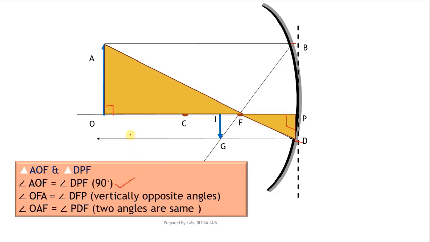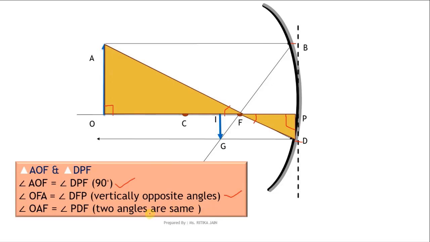Second, I will take the angles OFA and DFP. These two angles are equal because they are vertically opposite angles. Clear? So I have proved that two angles of the two different triangles are equal. Now, what about the third one?